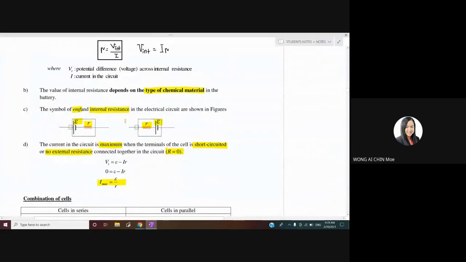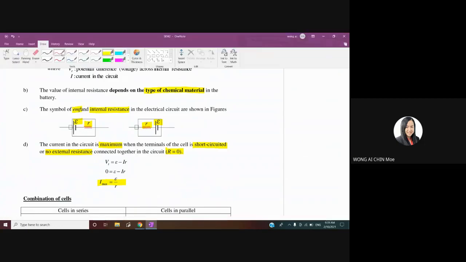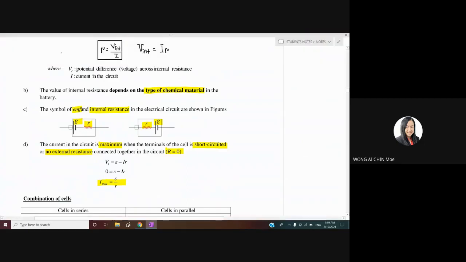So at that moment, let's look again, when our R equals 0, meaning your V external equals IR, even though there is a current flowing through, but because R equals 0, that's why your V EMF equals V external plus V internal.